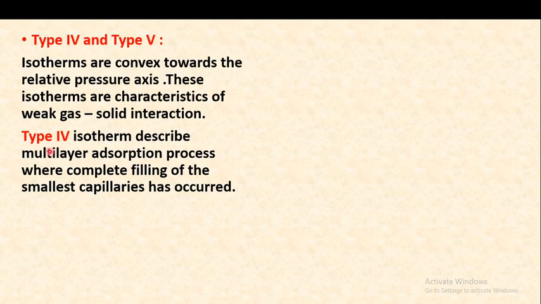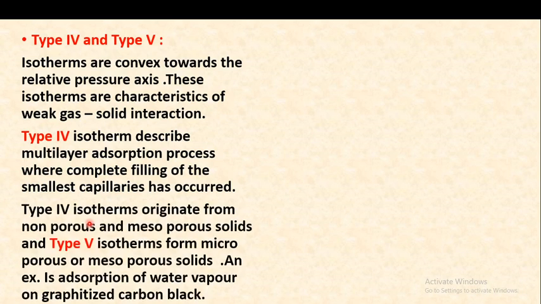Means in the type 4 it is not limited to only monolayer, but here there is formation of multilayer, and it involves the complete filling of smallest capillaries. Means all the small pores can be filled by the adsorbent material, and this is called a type 4.